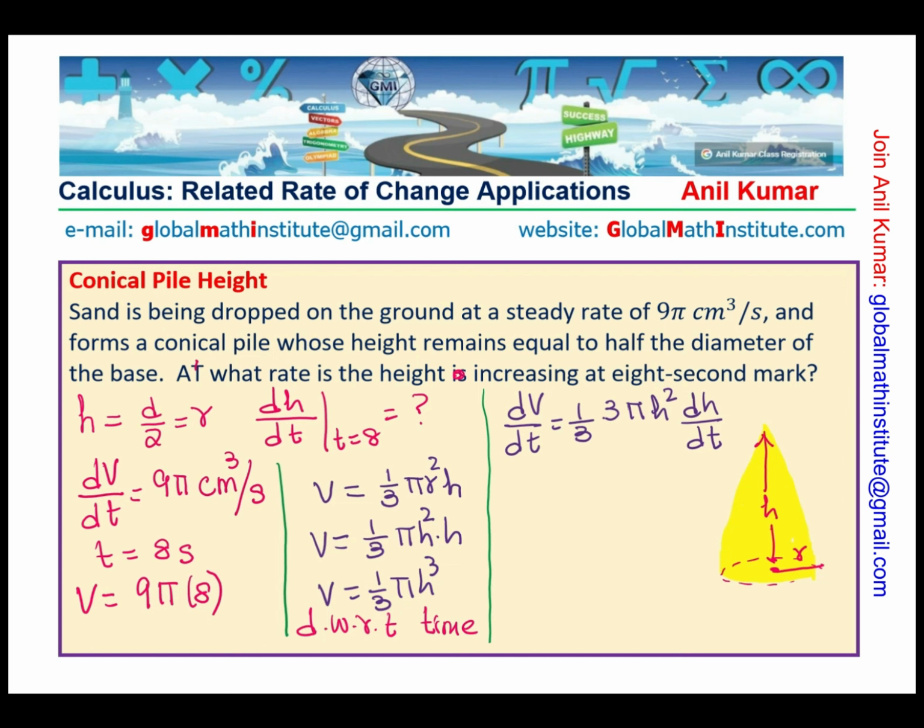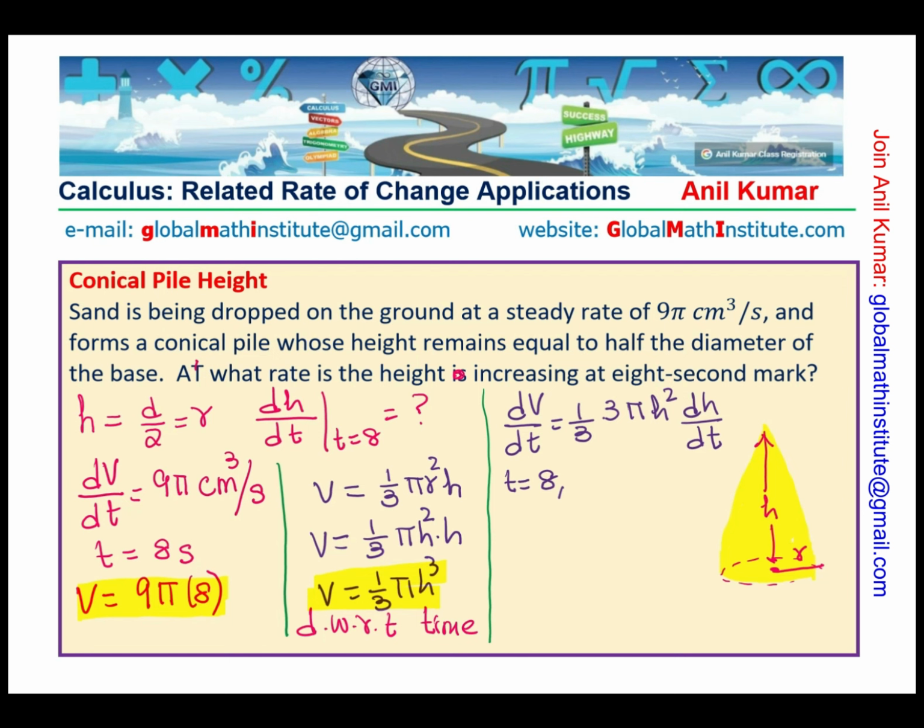Now we also know that when t is equal to 8, we should know what the height is, right? Because h square is there. So when the volume is 9 pi times 8, which is 72 pi, and this is the formula for volume, we can find what height is, correct?